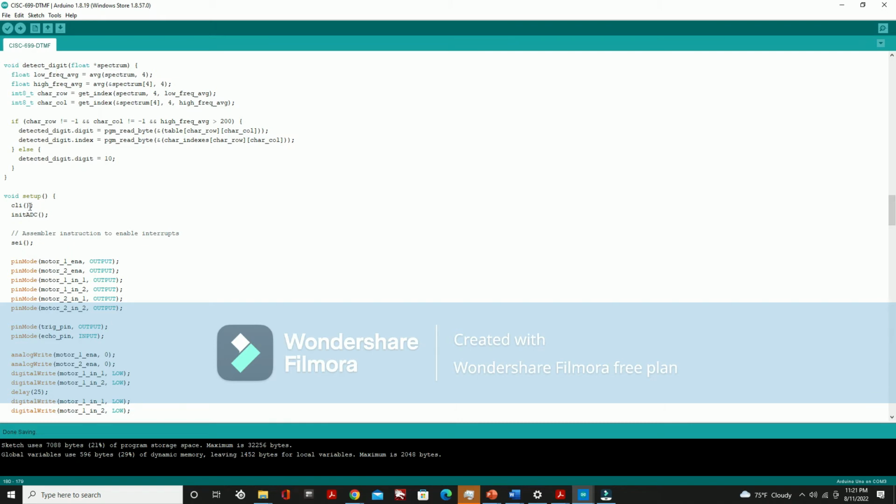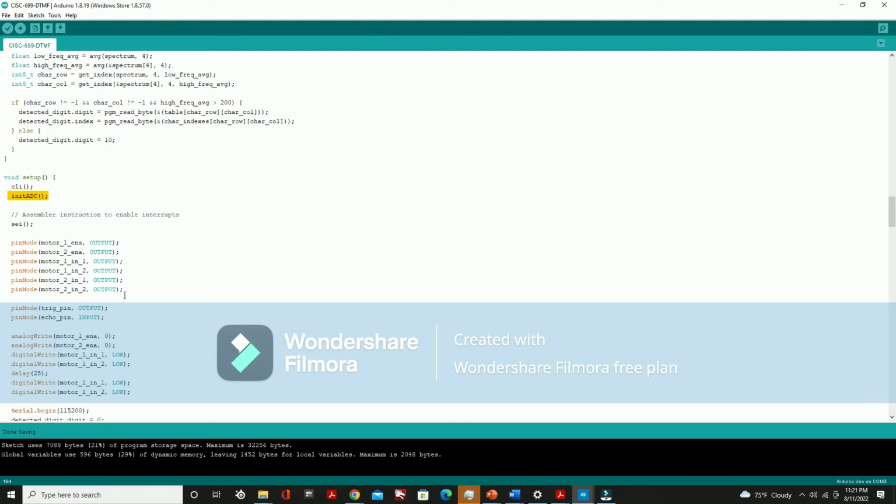And in this setup function, we init the COM port and we init the A to D conversion, and this is the assembler instruction to enable all the interrupts in the Arduino. And this part sets the direction of each pin, whether it's input or output.